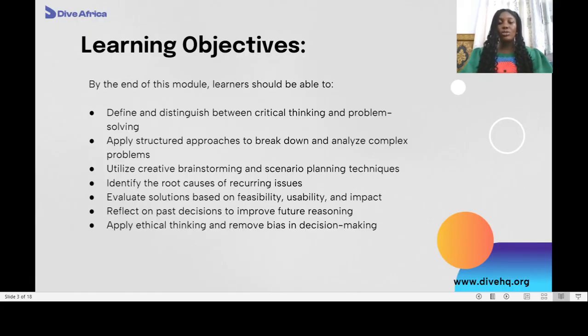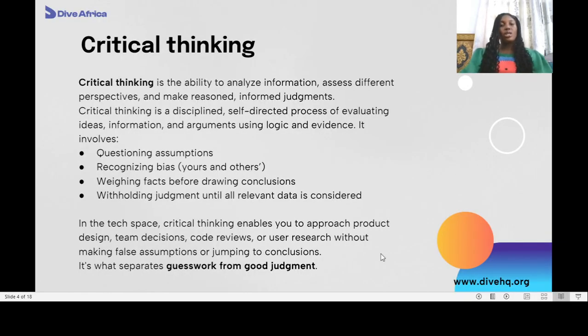So now let us look at critical thinking. What is critical thinking? It is the ability to analyze information, assess different perspectives and make reasoned, informed judgments. Critical thinking is a disciplined, self-directed process of evaluating ideas, information and arguments using logic and evidence.